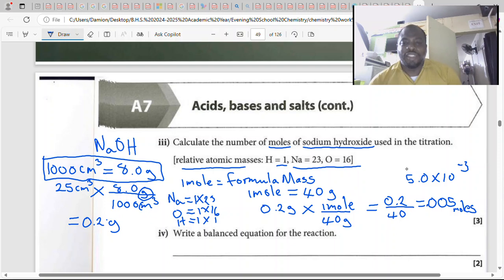You basically know that you bring the decimal place 3 places to the left. So this is actually how we end up with that.